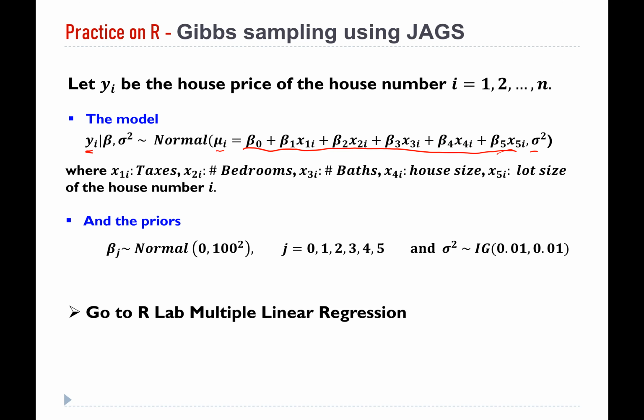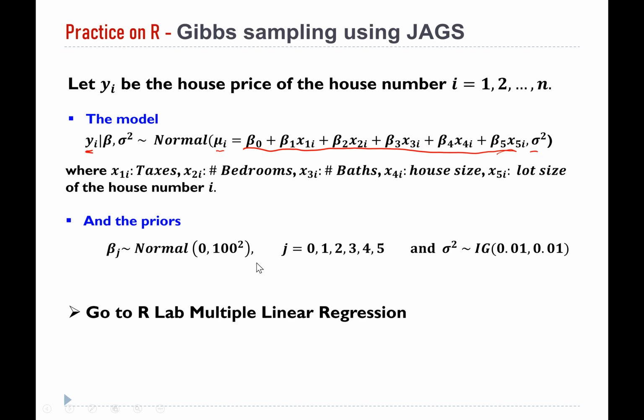I can use previous data to make the prior distribution for the parameters. I will assign the same prior distribution for all the parameters, beta 0, beta 1, beta 2, beta 3, beta 4, beta 5. And I will assign an inverse gamma prior distribution for sigma square, with alpha 0.01 and beta 0.01. So it looks like this is a non-informative prior for sigma square, and a non-informative prior for beta j.